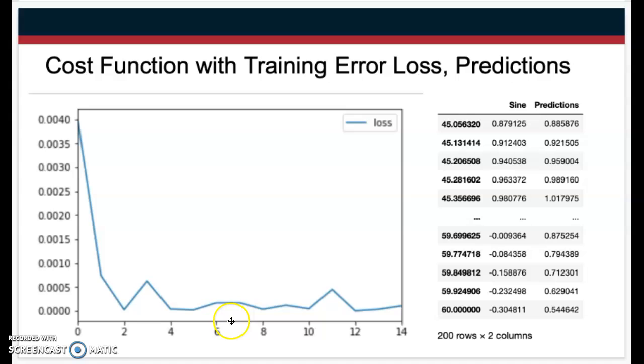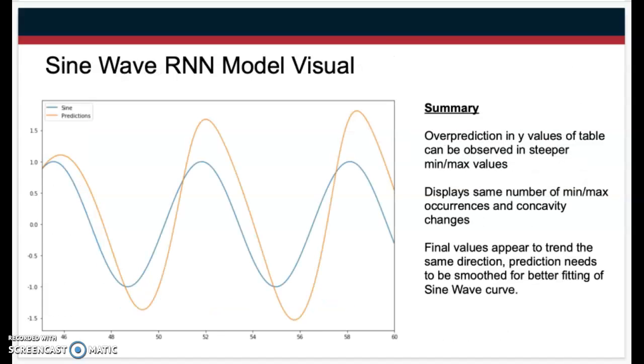At that point, we want to go ahead and make a prediction for the simple RNN sine wave model. So here's our visualized prediction. We can see the prediction, which is in orange, compared to the actual sine wave, which is in blue. The prediction was slightly overcompensated at the curvature and the turns where there are local mins and local maxes.